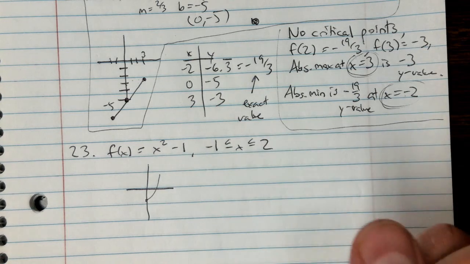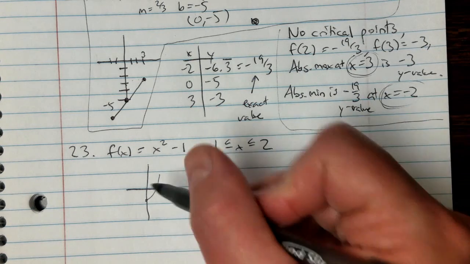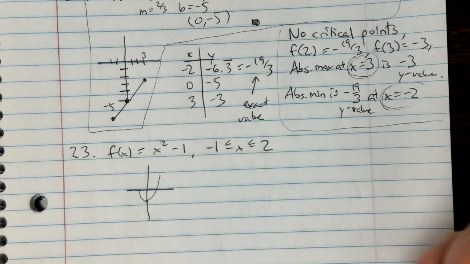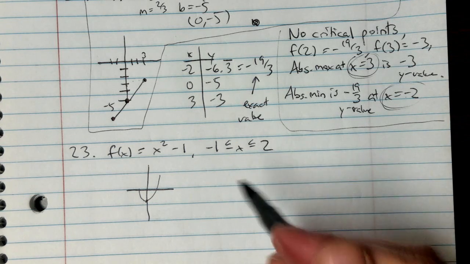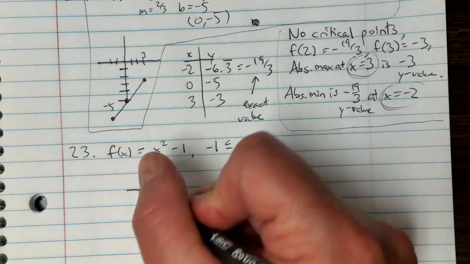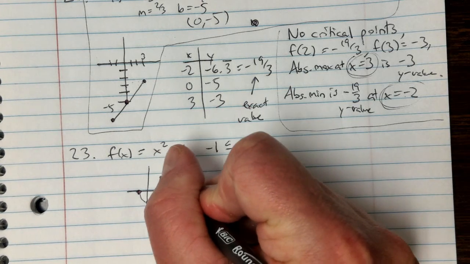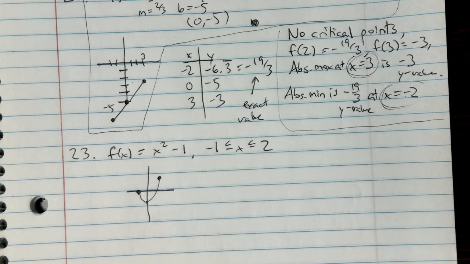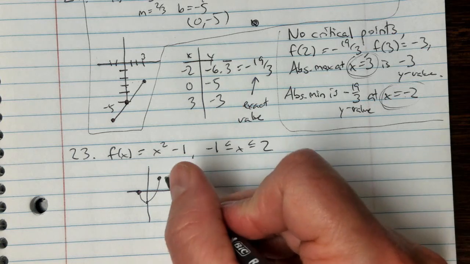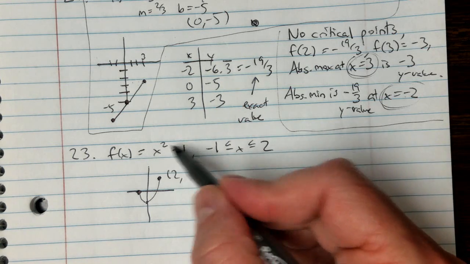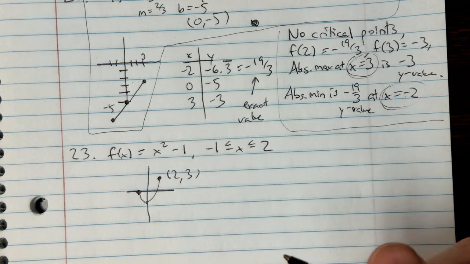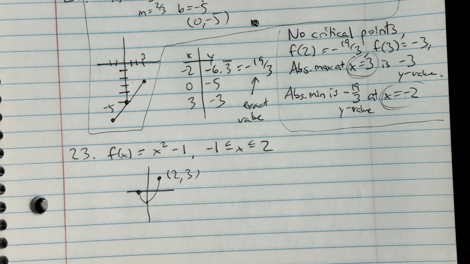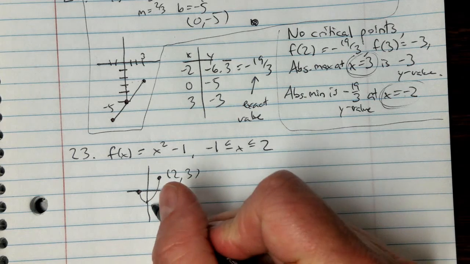It's going to go up a little bit, and then just like that. And these are solid dots. And we know that if we plug 2 in, 4 minus 1 is 3. And if we plug 0 in, it's negative 1.